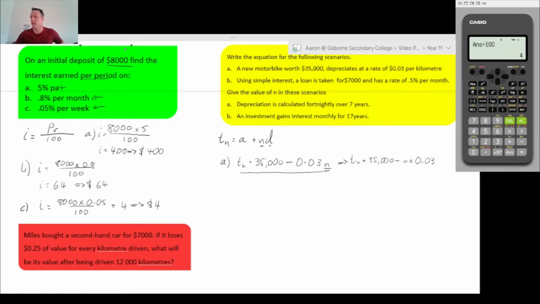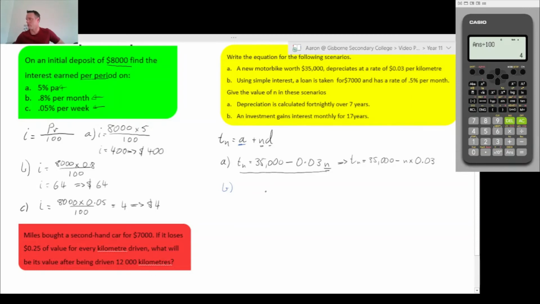Going up a different color just because it's going to get pretty bland, all this black everywhere. B. Using simple interest, a loan is taken for $7,000 and has a rate of 0.5% per month. First thing we need to do, we know A for this question. We don't know d.